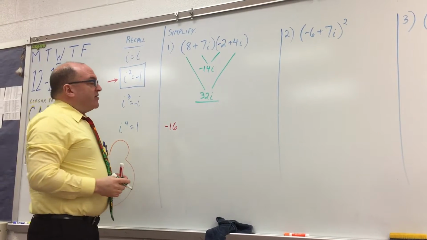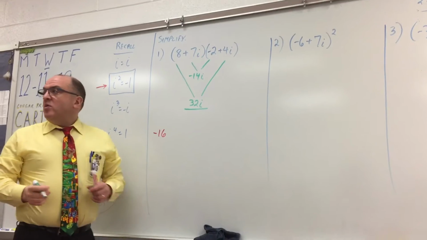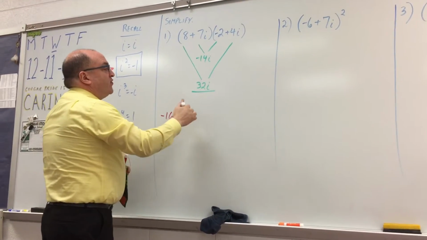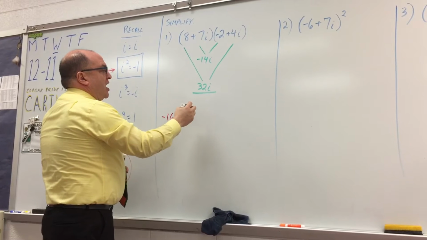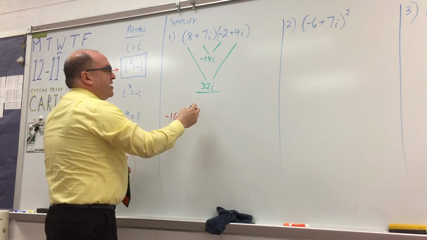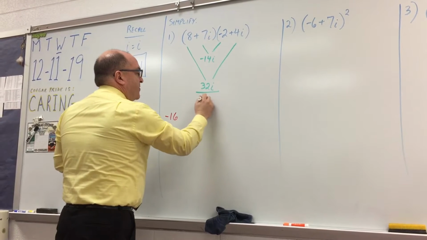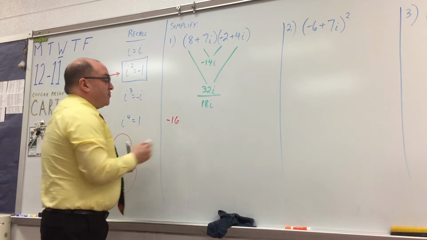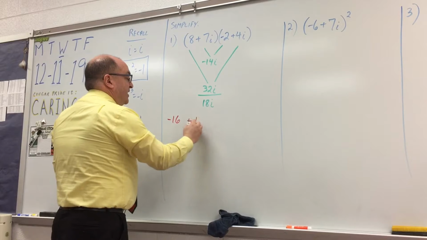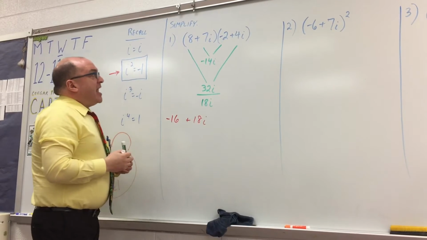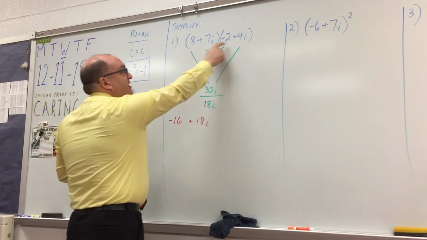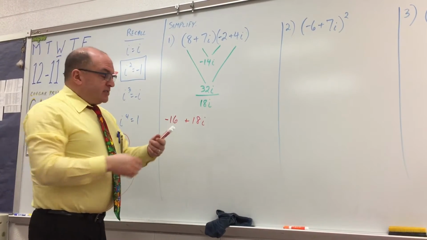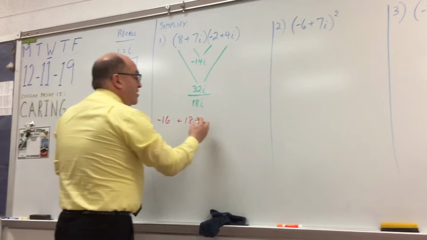Add those together and you get what? 32 minus 14 is 18, right? 18i. Okay, so this is plus 18i. And now last, 7 times 4 is 28, but it's i times i, which is i squared, right? So it's plus 28i squared.